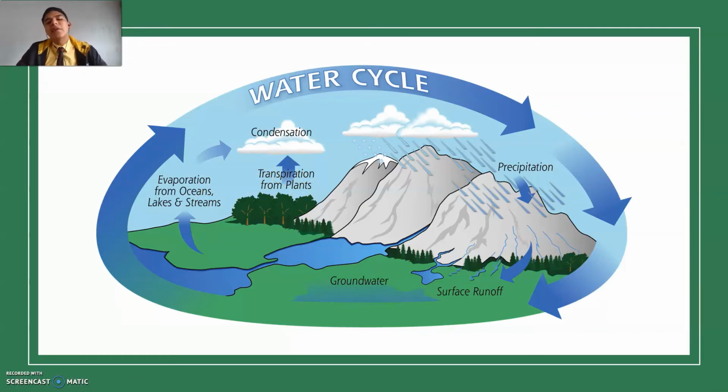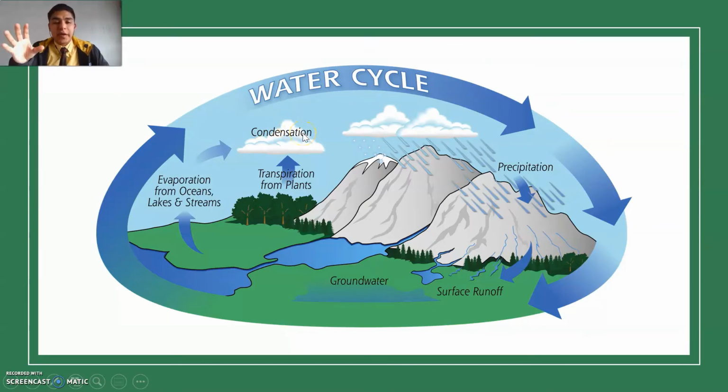But in this case, the water is not directly evaporated from lakes or rivers, but from the water that plants expose. So plants start expelling water, and the water that is on them is going to start evaporating, going up to one of the layers of the atmosphere.